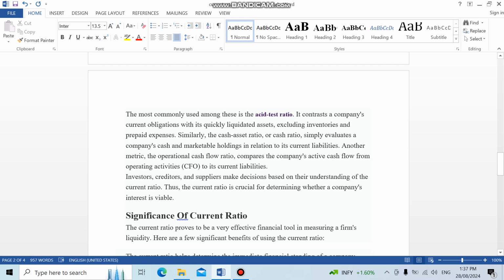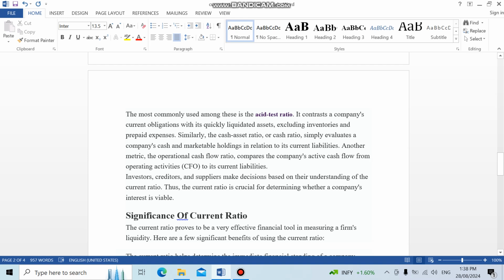The acid test ratio, or we can say the quick asset ratio, is the same as current ratio, only inventories and prepaid expenses are excluded, because inventories are usually long term sort of, right? Similarly, the cash asset ratio, cash ratio, simply evaluates a company's cash and marketable holdings in relation to its current liabilities.